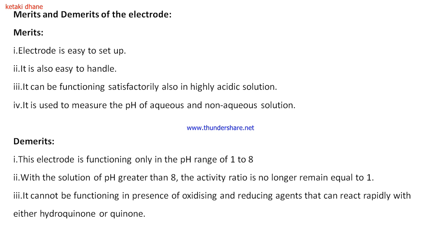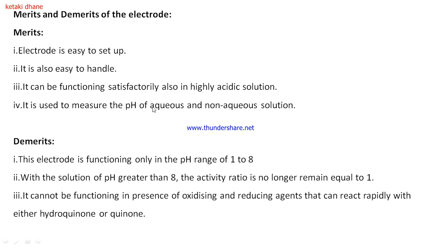The merits of these electrodes are: the electrode is easy to set up, and it is also easy to handle, as we simply remove the electrode from the solution, and the cleaning procedure can also be easily done. It can function satisfactorily even in highly acidic solution, and it is used to measure the pH, and we have already discussed the formula for the measurement of pH.